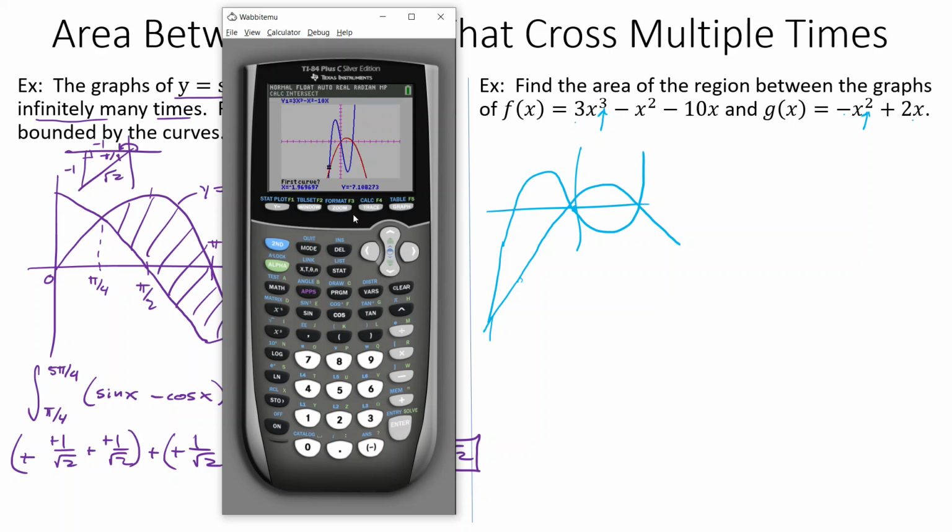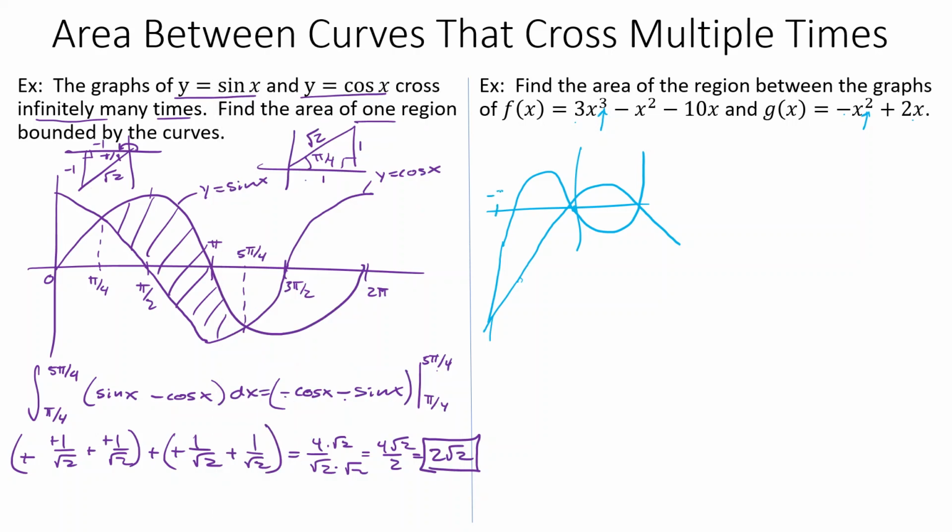All right, we're going to choose y1, yep, y2, yep, and take a guess. As long as our guess is close to where they intersect, it's going to find that intersection. So if we take a guess that's close to 0, 0, it's going to come back 0, 0. If we take a guess that's close to this guy, it's going to tell us it's at negative 2, negative 8. So it looks like they cross at negative 2, 0, and 2.